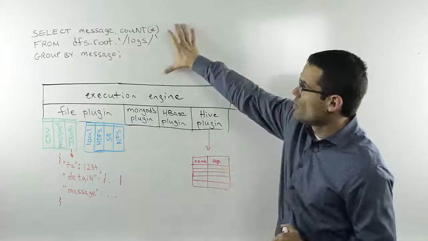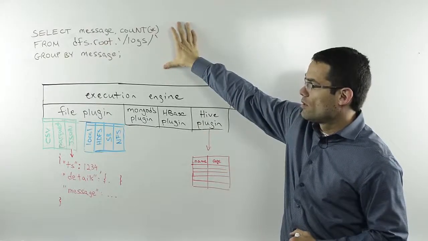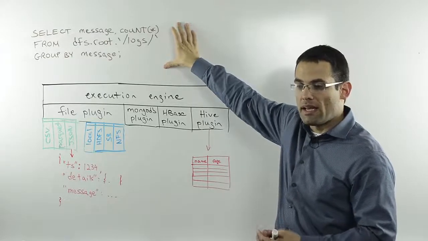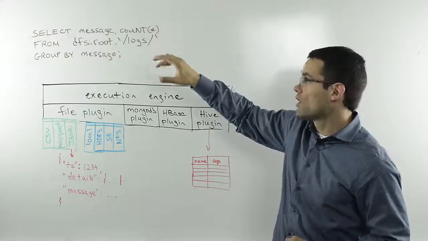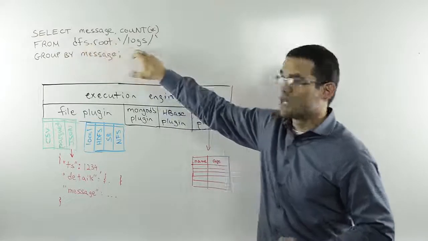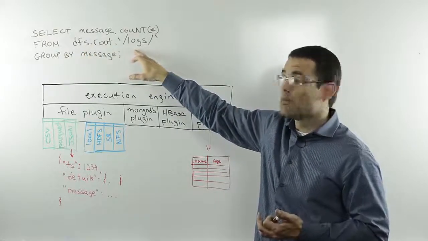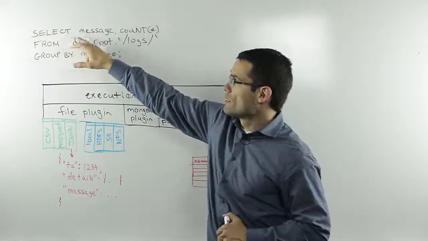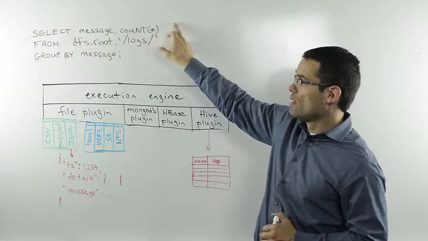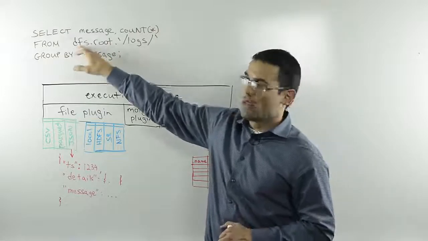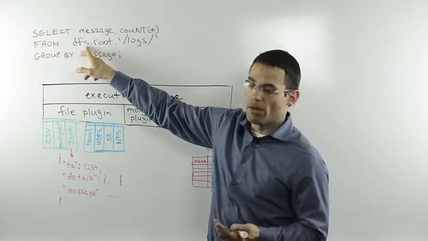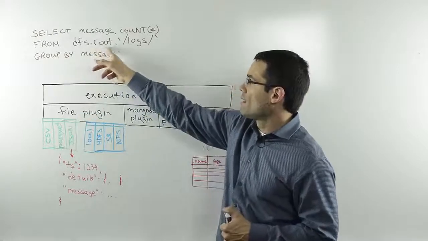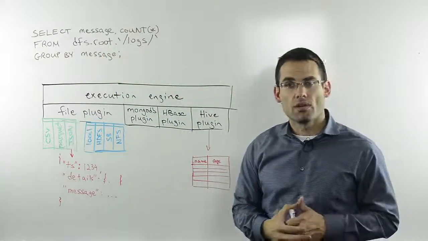So if I write a simple SQL statement to query that data, notice that I didn't have to set up any schemas or any metadata. I just point to that directory as part of the table name, and I can query that data. In this case, we're doing a select message, comma count from, and then DFS happens to be the name of this specific file plugin instance, and /logs is the directory that we're querying.